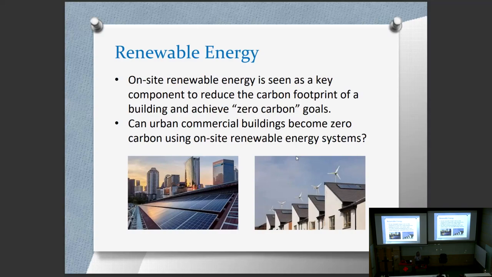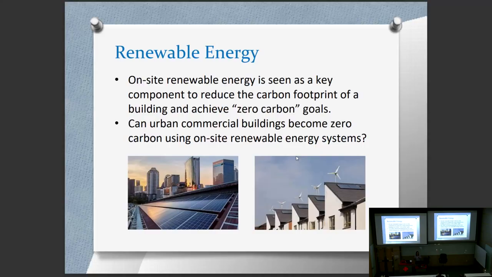So if you remember in the lecture last week, we have discussed about the lowest energy office building, right? So the lowest energy office building will still have certain carbon emissions.